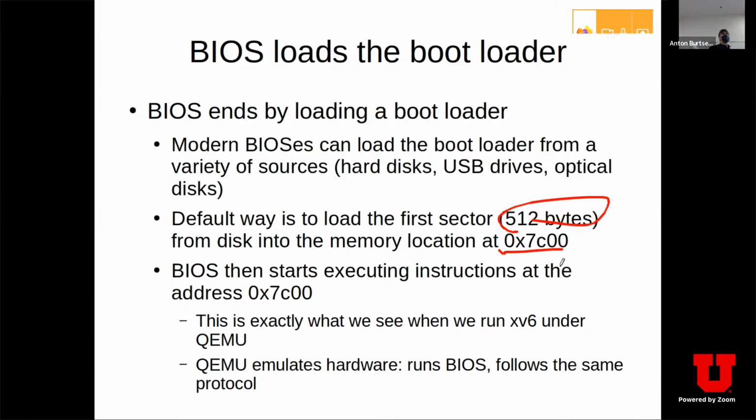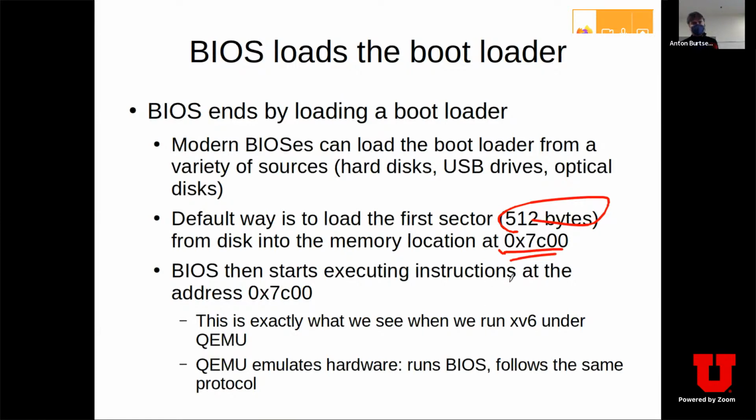Someone working on the software, essentially, like a manufacturer who typically contracts with the developer of BIOS and customizes it to boot a specific piece of hardware. But anyway, BIOS jumps to 7C00.